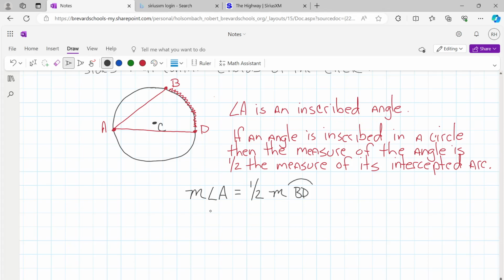We're also going to say that the measure of arc BD is equal to 2 times the measure of angle A.